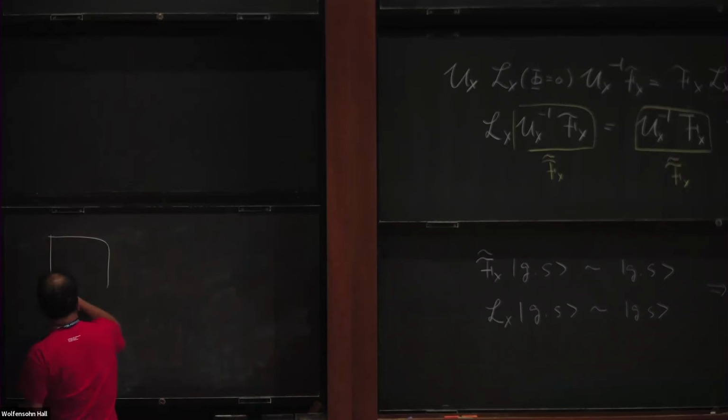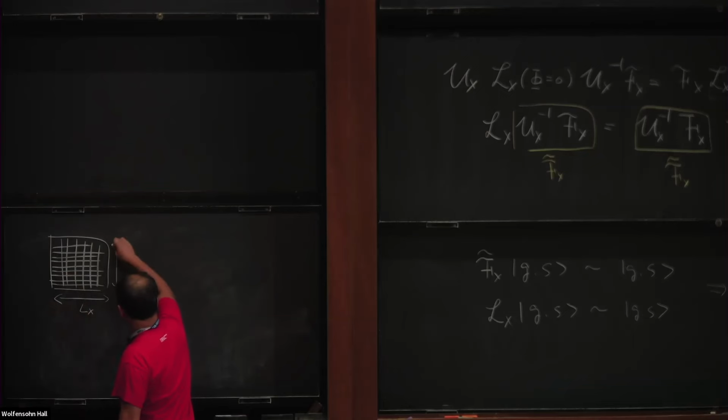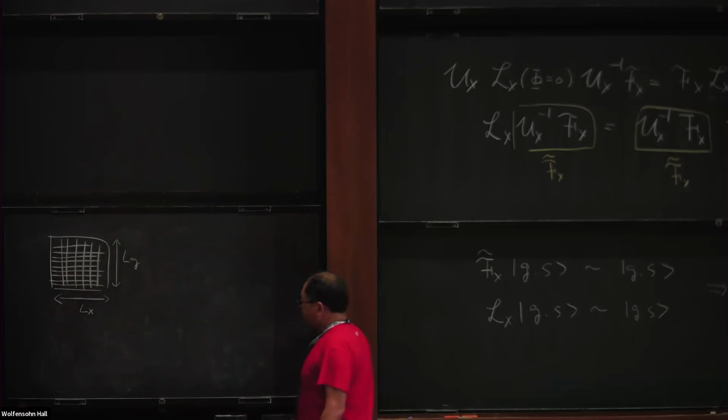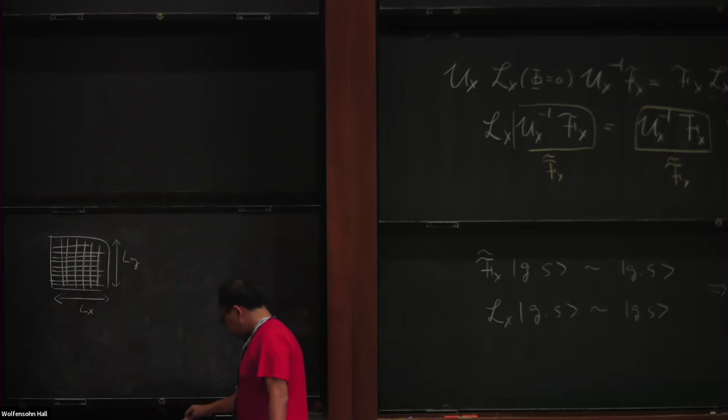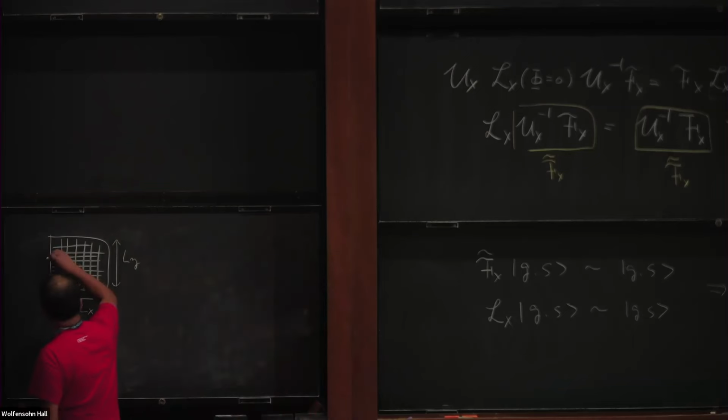Again, I consider the square lattice and let's say the system size is Lx times Ly, and impose the periodic boundary condition.